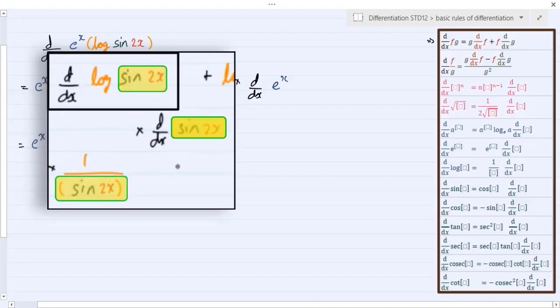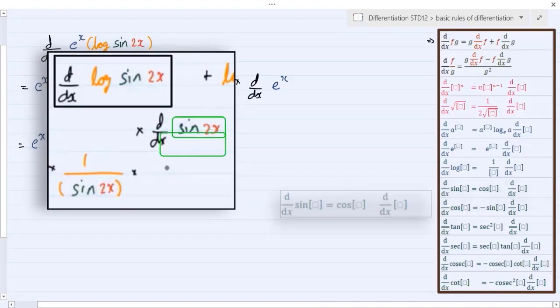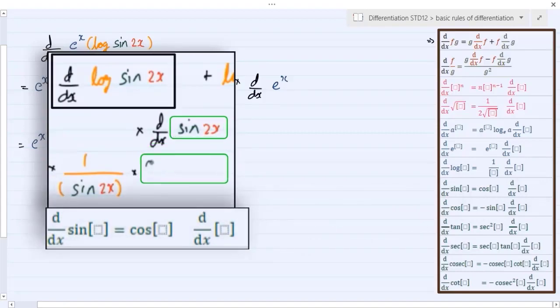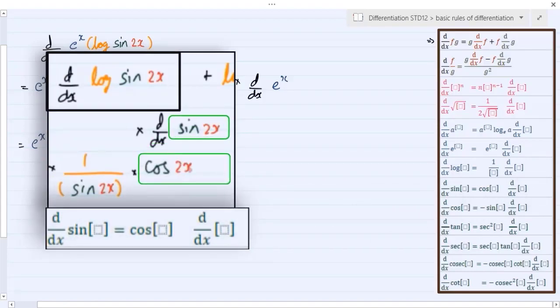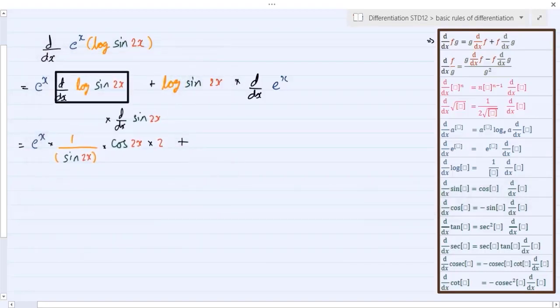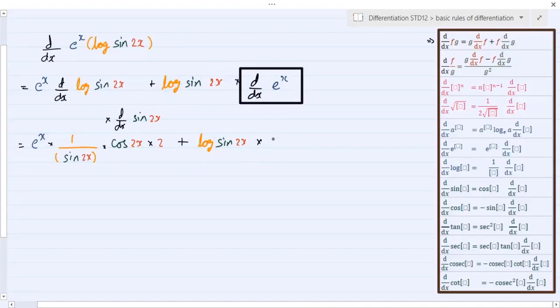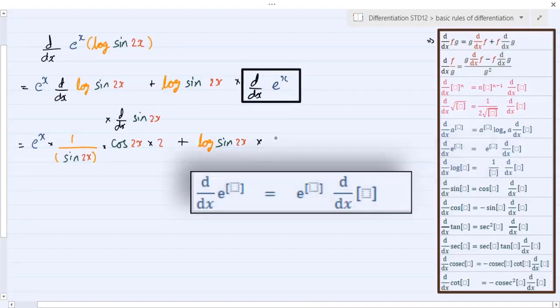Within the box we have sin 2x, so here we just have to multiply differentiation of sin 2x, which is cos 2x into the coefficient of x, or we can say differentiation of 2x is 2, plus, in the second term you know that your log sin 2x is as it is. We just have to differentiate e raised to x, which is nothing but e raised to x.